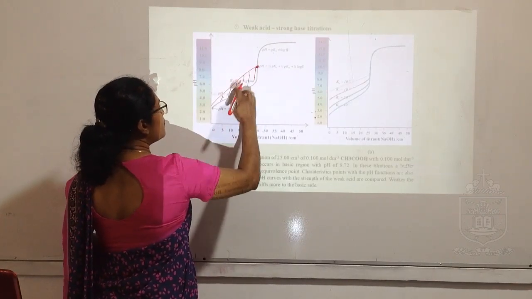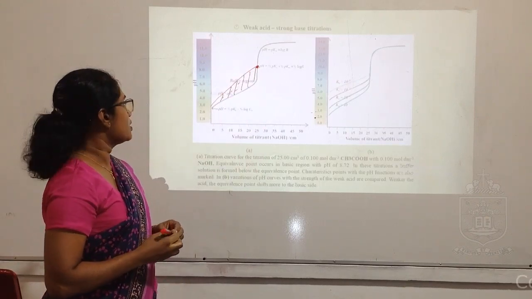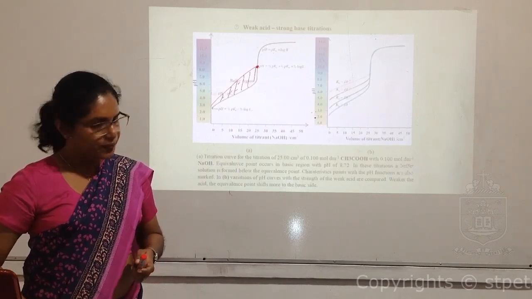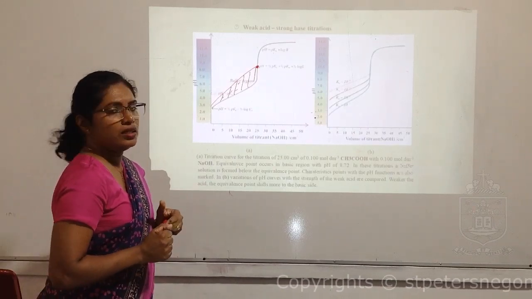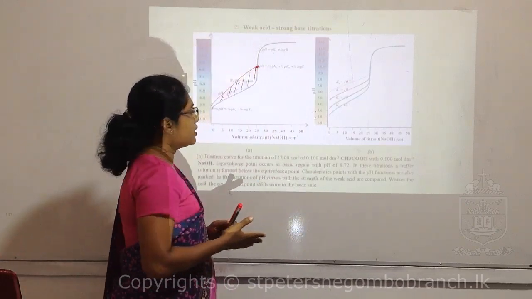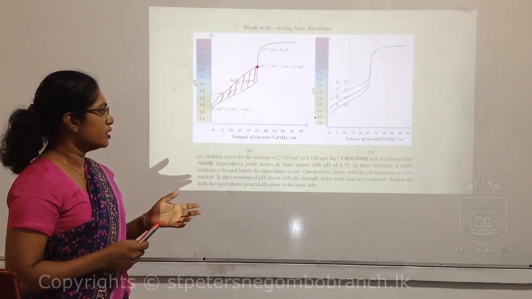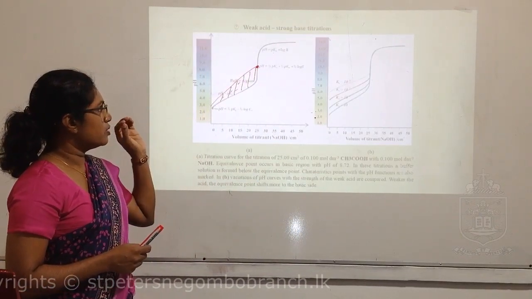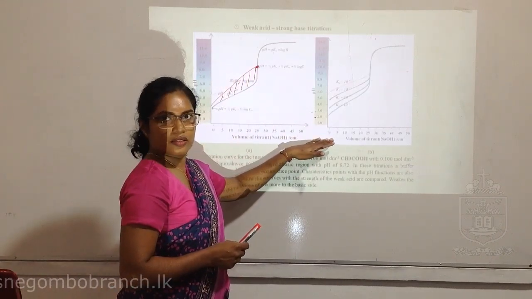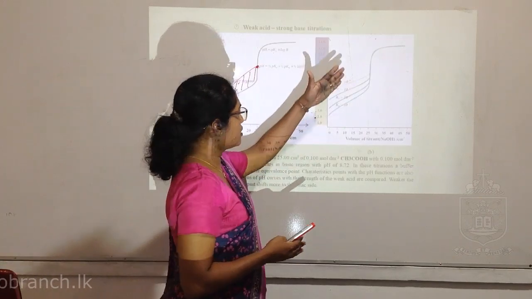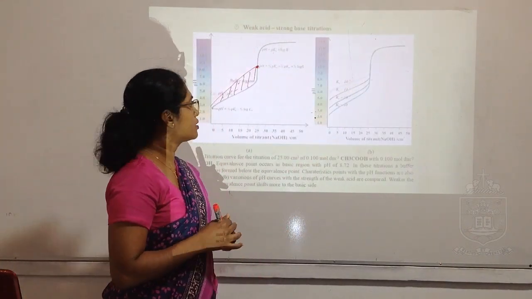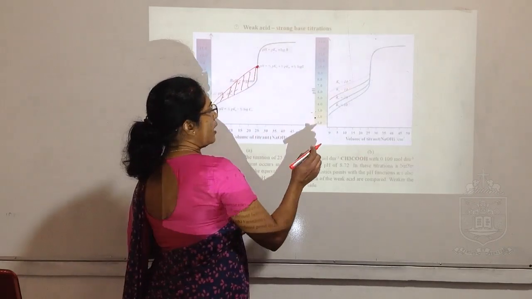You can see here, the buffer region lies below the equivalence point. And in here also we can check, when we change the initial concentrations of the weak acid, what happens to this steep change of pH? Let's check that.